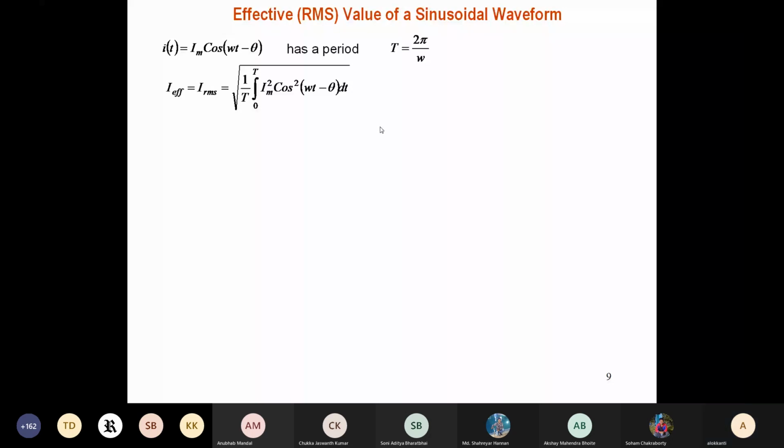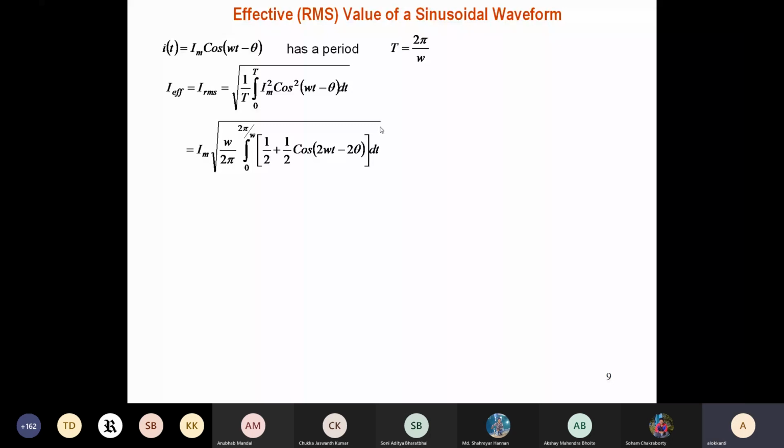Substituting T by 2 pi by omega, you do the integration from 0 to 2 pi by omega, and this Im square goes out of the square root as Im, and you are left with 1 by 2 plus 1 by 2 cos (2 omega t minus 2 theta) into dt.